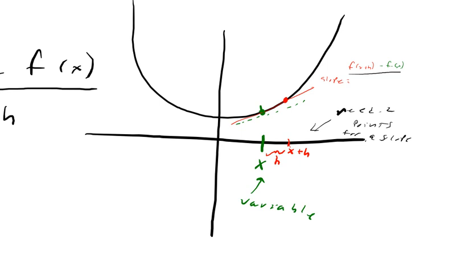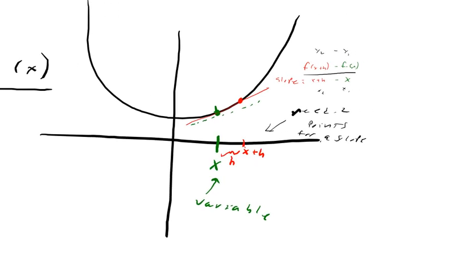This is the change in y, y2 minus y1, over x2, which is x plus h, minus x. My x2, x1. It's a slope formula. It's the equation for slope, right?